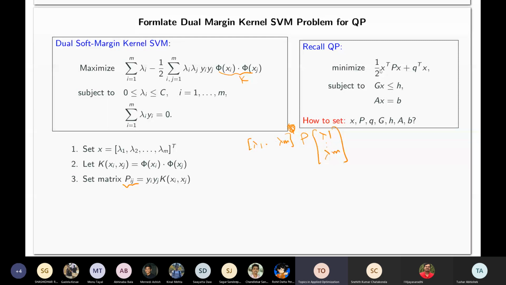In this form I need to write it. And what is that P? P is the remaining terms, which are y_i, y_j and the kernel of x_i, x_j. So the P matrix is y_i y_j k(x_i, x_j). Good. So we have identified the inner P that goes with this, with powers of the variable which are greater than or equal to 2 because of the dot product.